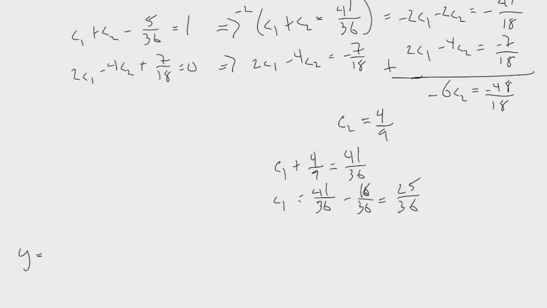So y is 25 over 36 e to the 2x plus 4/9 e to the negative 4x minus 1/4 e to the negative 2x plus 1/9 e to the negative x. And there we go.